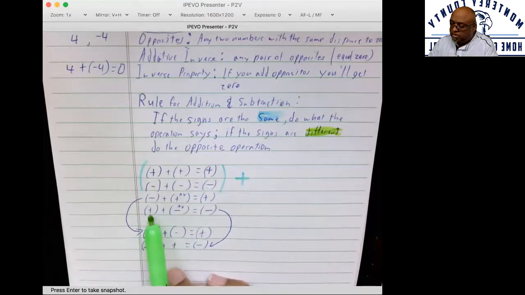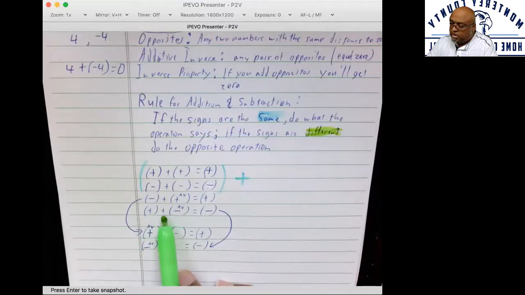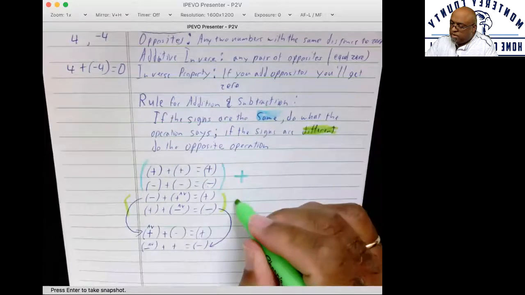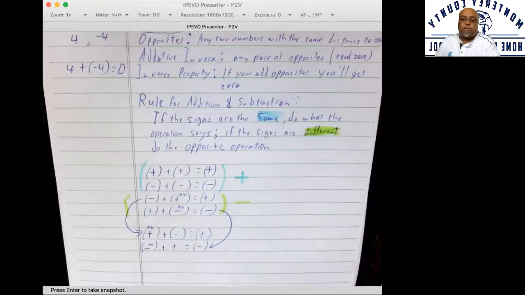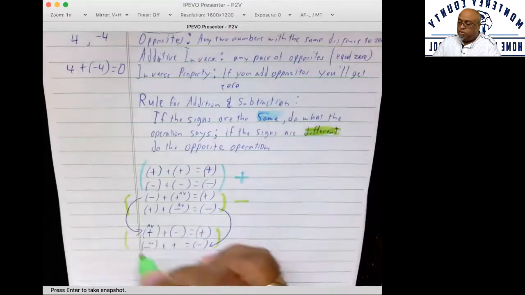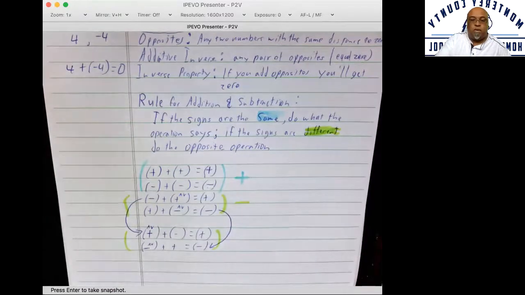Here I have a positive and a negative number, so those signs are opposite. So the actual work I do to solve is subtracting, okay? And that's going to be the same when I switch the order of them, okay? I'm hoping that that makes sense for you, okay? If you'd like to pause to catch up, this might be a good time to do it, but otherwise, let's go ahead and continue.